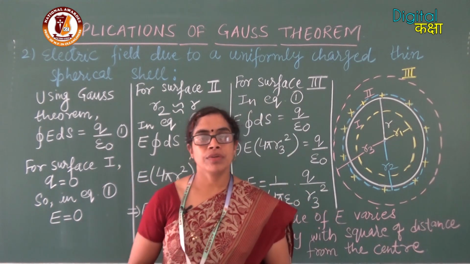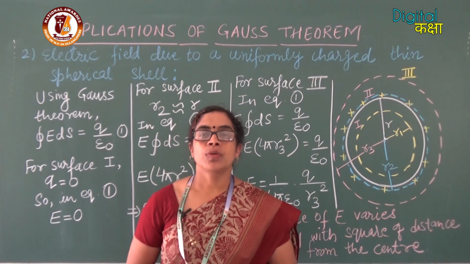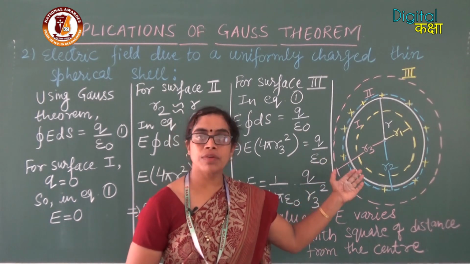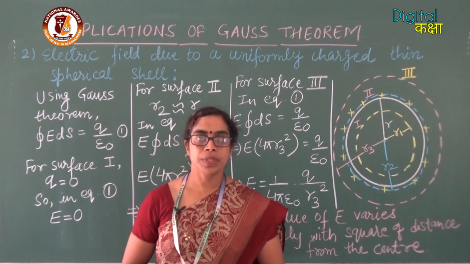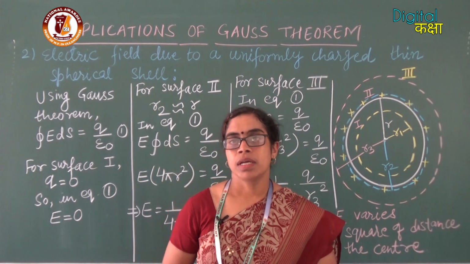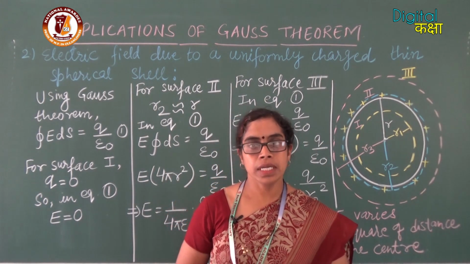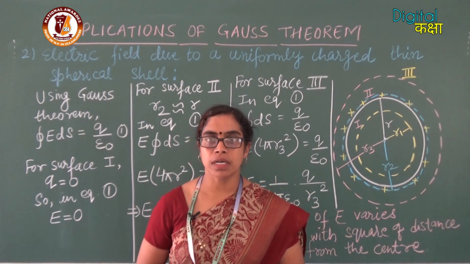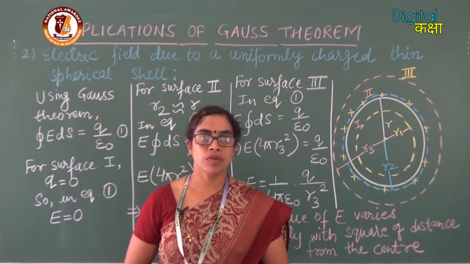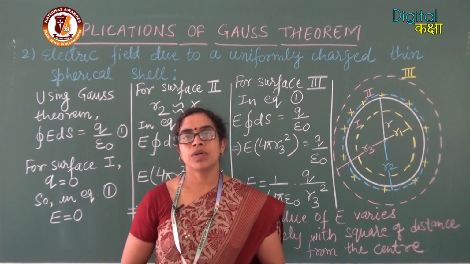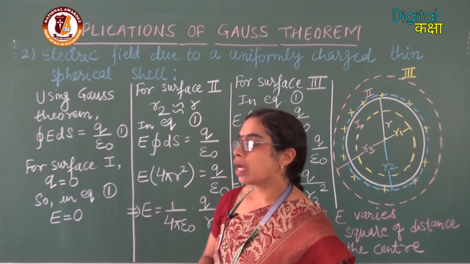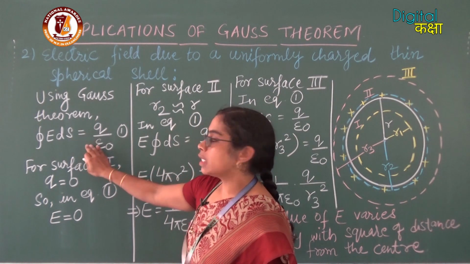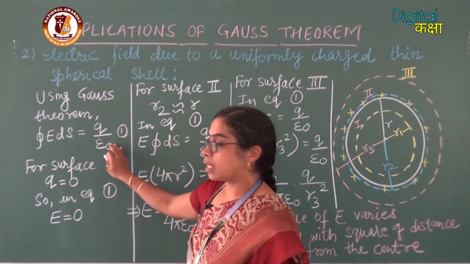Here the electric field direction and the normal unit vector are to be taken in such a way that they are parallel to each other. Because of that, the integration of E dot ds is equal to integration of E ds cos theta, and when theta is equal to 0, cos 0 is equal to 1. So ultimately we have integration of E ds is equal to Q upon epsilon naught.